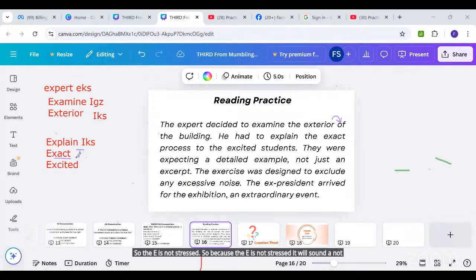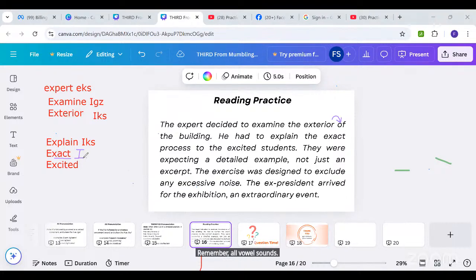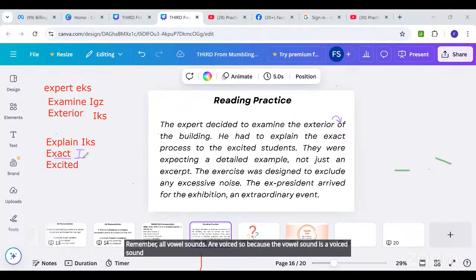It will sound A. Then the X that I have, after the X, I have a vowel sound. And we say that a vowel sound is a voiced sound. Remember, all vowel sounds are voiced. So because the vowel sound is a voiced sound, the X will sound guz.